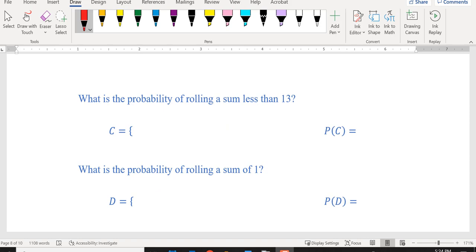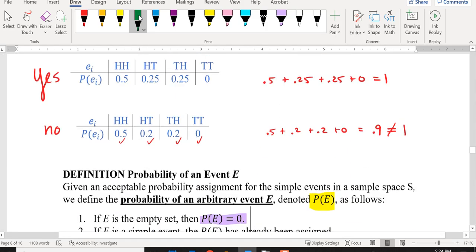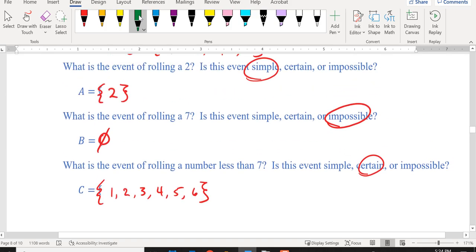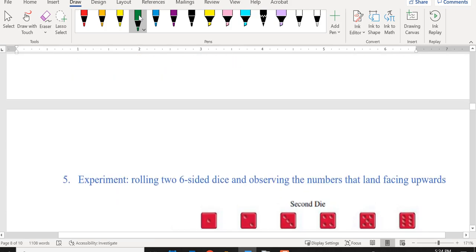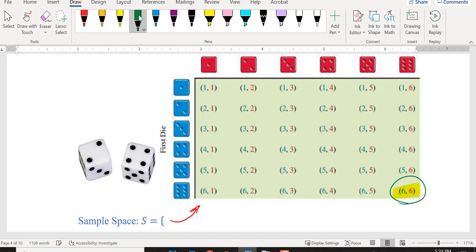What is the probability of rolling a sum less than 13? Okay, sum less than 13. If we add up all those pairs, what's the biggest sum that we can get? Biggest sum is here at 6, 6, right?